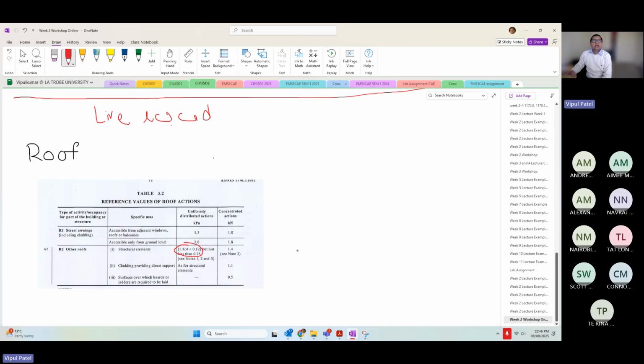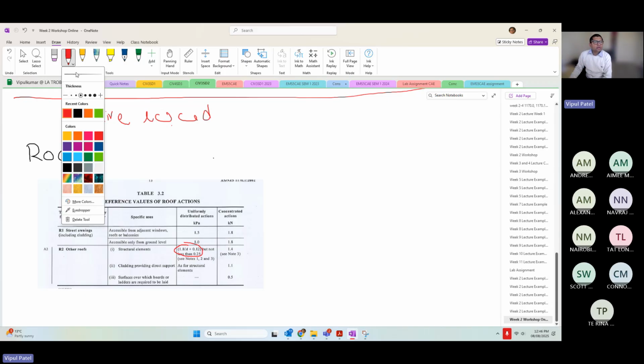It's like persons walking on the roof to install the solar panels, or walking on the roof for some maintenance, air condition, and also live load from the roof that we are going to calculate using this formula, which we're going to use to calculate the area first.